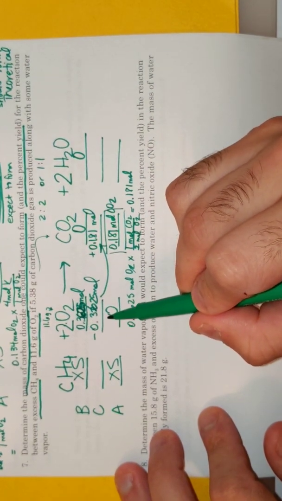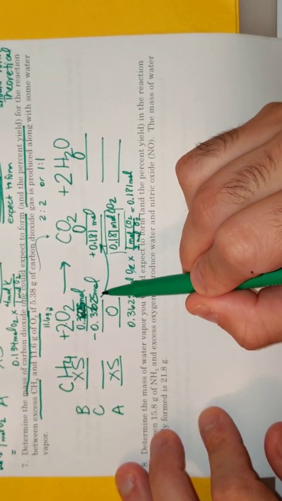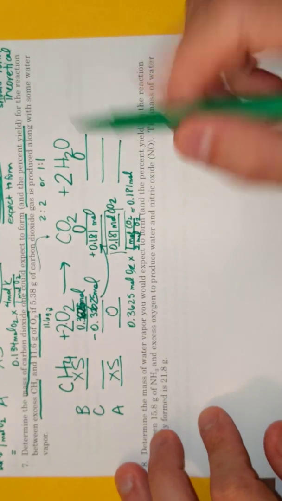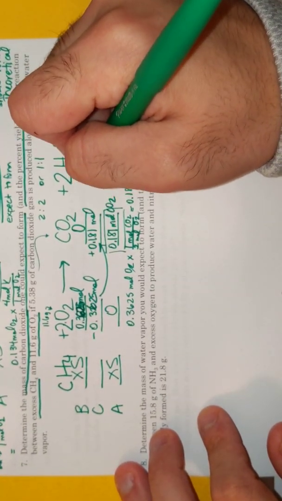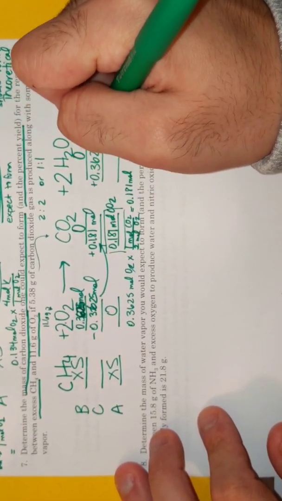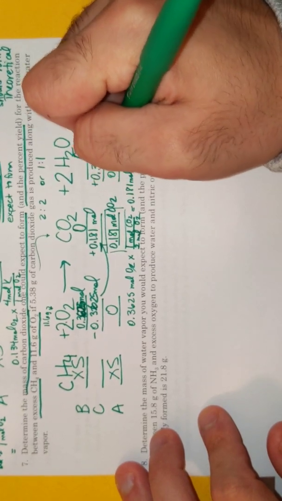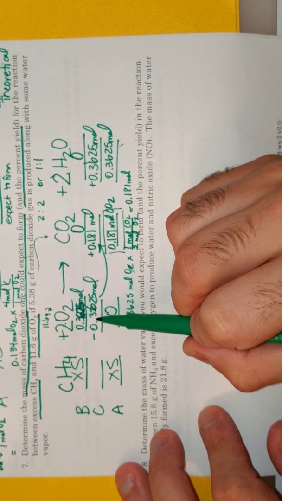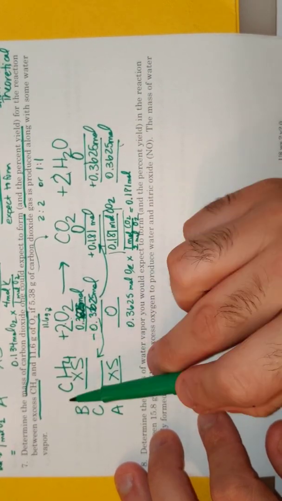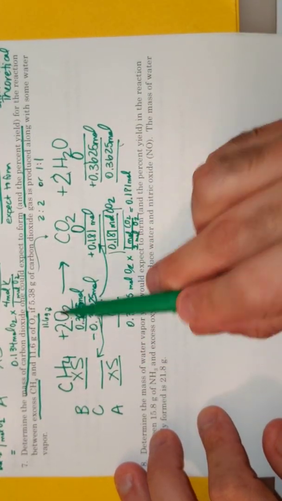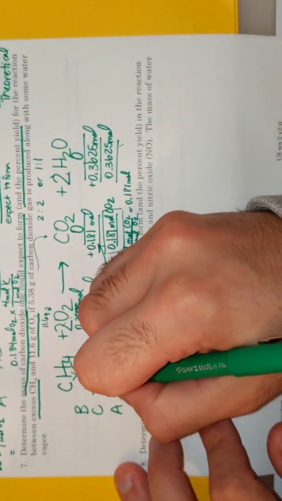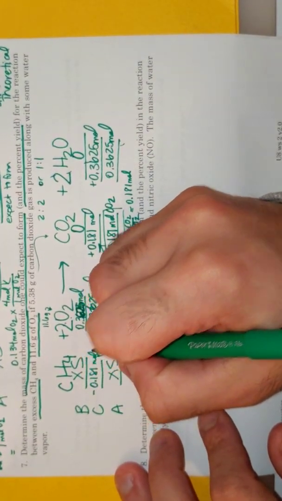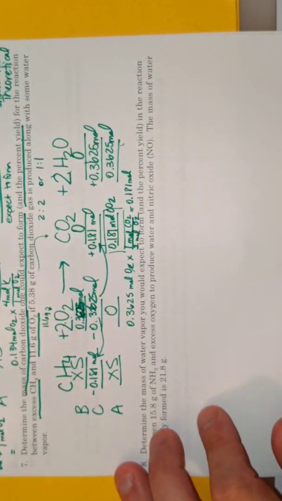So if I have 0.3625 moles of O2, I should have 0.3625 moles of H2O. It's not asked, but this is how I would complete it, but I don't need it. And then if I want to figure out how much CH4, this is a 2-to-1 ratio, kind of like my CO2 was a 2-to-1 ratio. So this should be 0.08181 moles of CH4 that's used, but I still have excess.